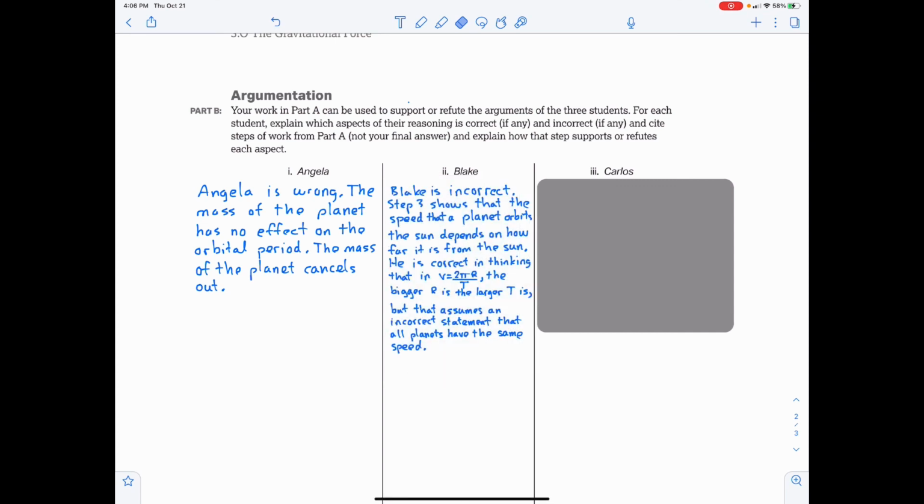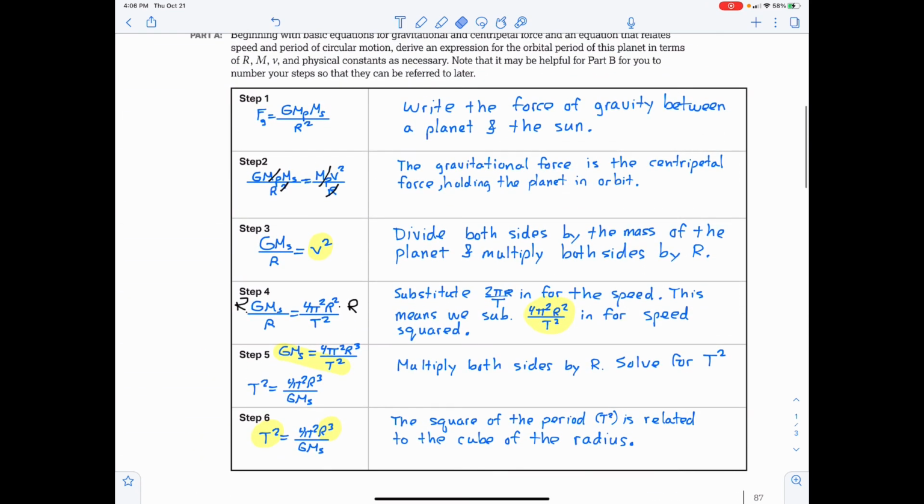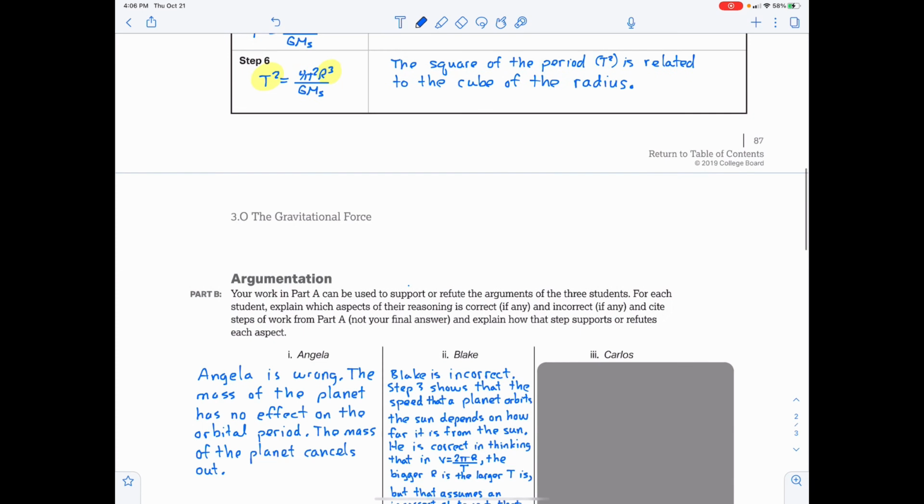Blake is also incorrect. If we look at step 3, step 3 shows that the speed of the planet is related to the orbital radius. The farther you are, the slower the speed.